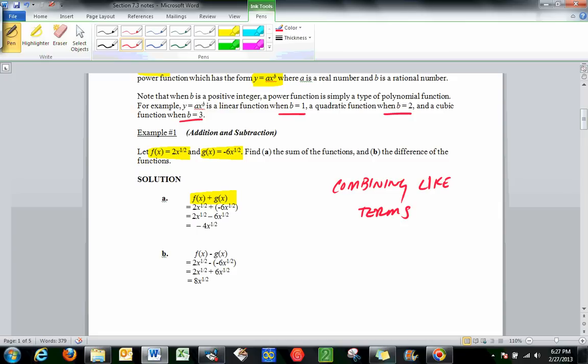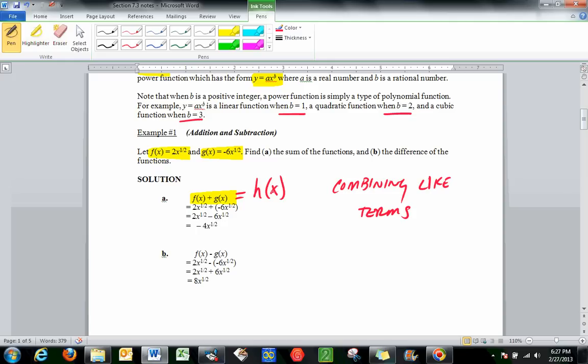Now, in some cases, you may even see that this is equal to a new function, and we could call that new function h of x, and we could define h of x as being a combination of f of x and g of x. Sometimes you'll see the third or new defined function there. Sometimes you won't.